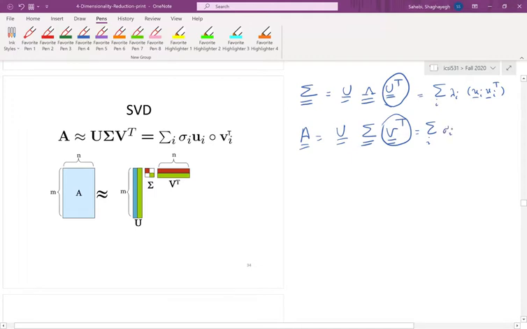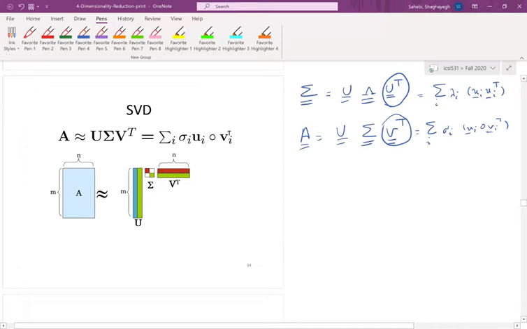We can rewrite this as a summation where these sigmas are basically the singular values, and then we have the product of vectors u_i and vectors v_i transposes.